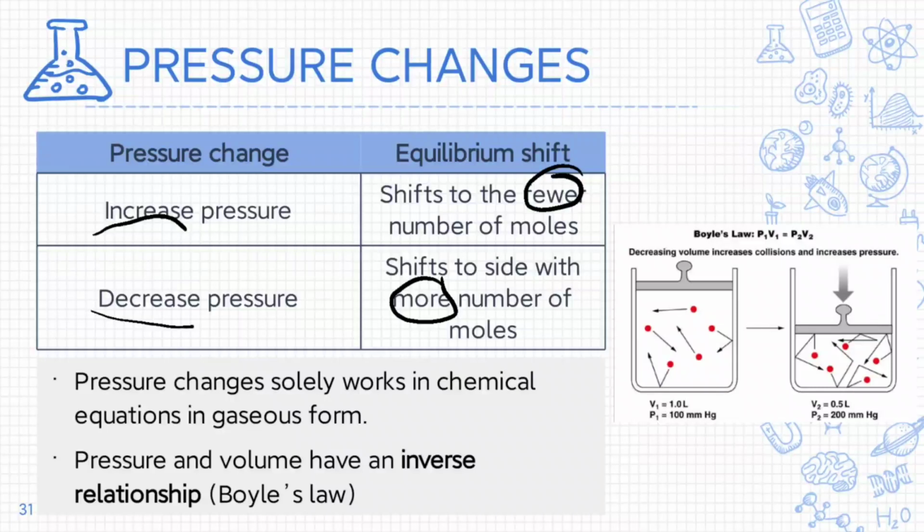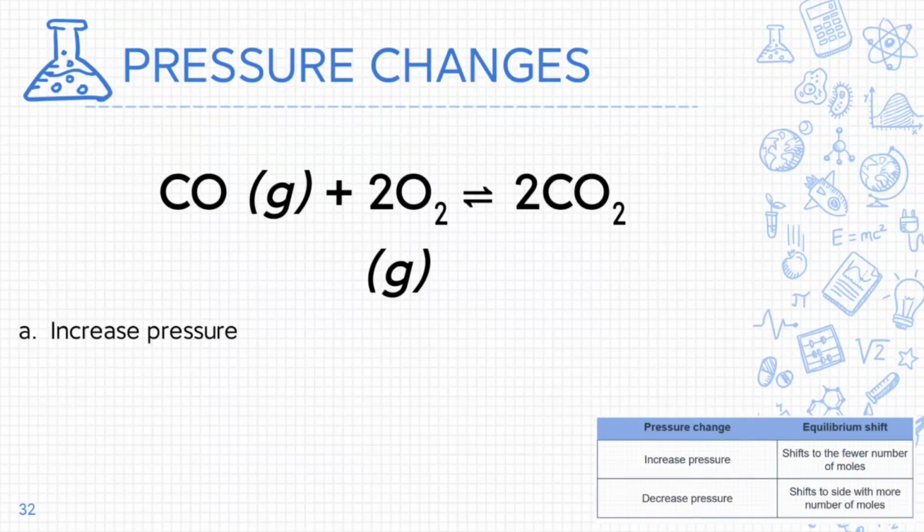So basically, if there is an increase in pressure, the volume will decrease. Increase pressure, decrease yung volume. And if you have a decrease in pressure, there will be an increase in volume.